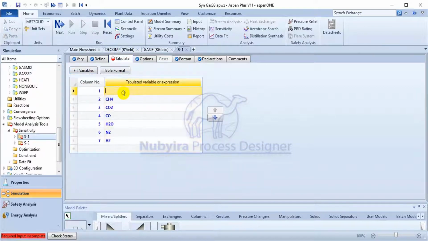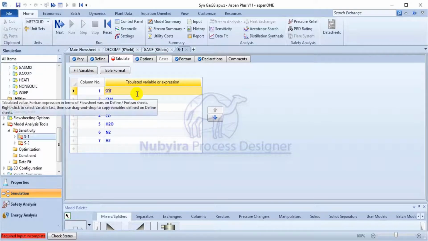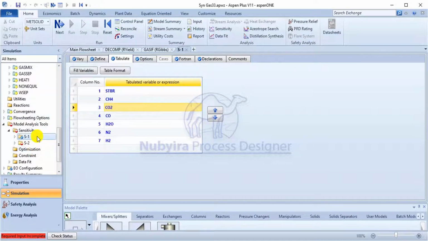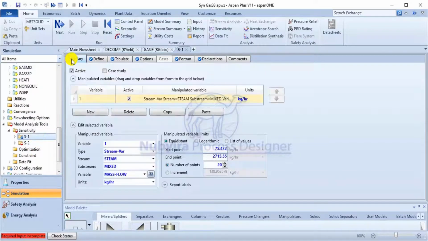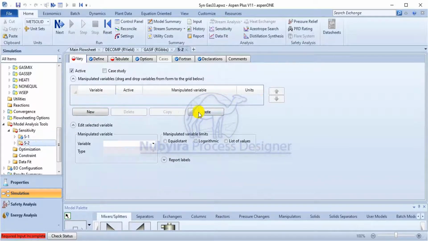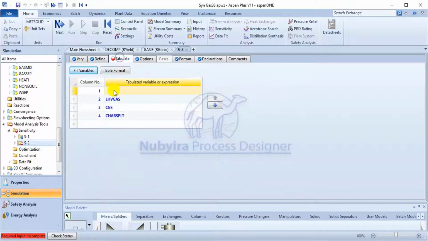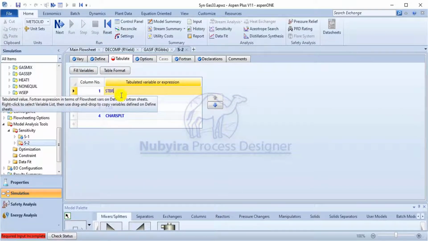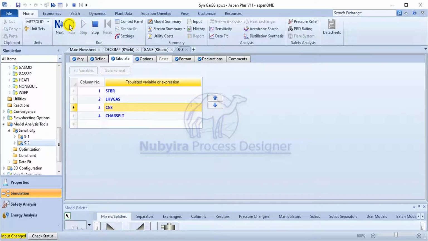Now we add the variable into the steam to biomass ratio. I just copy the variable here, quite handy. We have this, and run it.